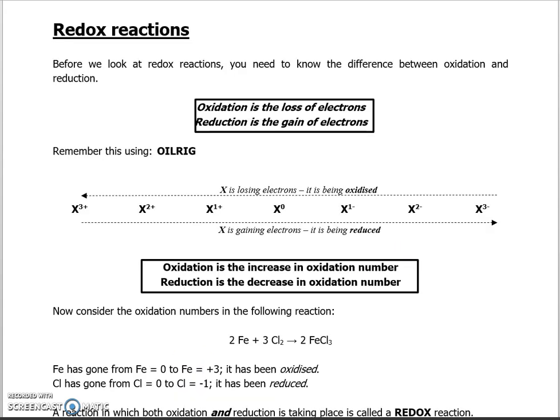So here we have just a little scale where we're going from a high positive number all the way down to a high negative number. Now, we just said oxidation is loss of electrons, reduction is gain of electrons. Sometimes it can be difficult to comprehend losing electrons, gaining electrons, and putting that with oxidation numbers.